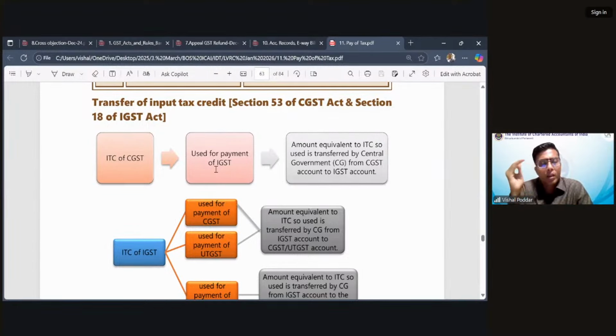Keep this in mind. So there is a difference between any transaction being an e-commerce transaction and any transaction happening through e-commerce operator. So I am trying to distinguish between e-commerce transactions with transactions happening through e-commerce operator. So firstly, what is e-commerce? E-commerce means supply of goods or services, including digital products, which is effected using some digital network.